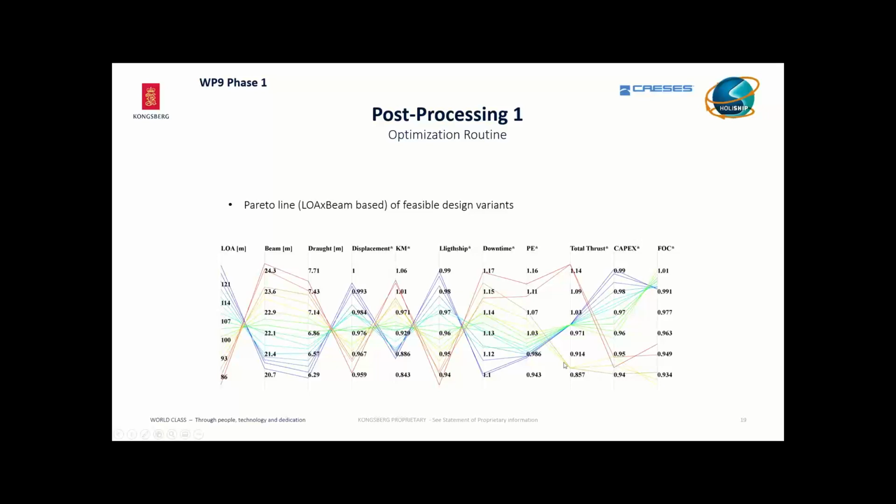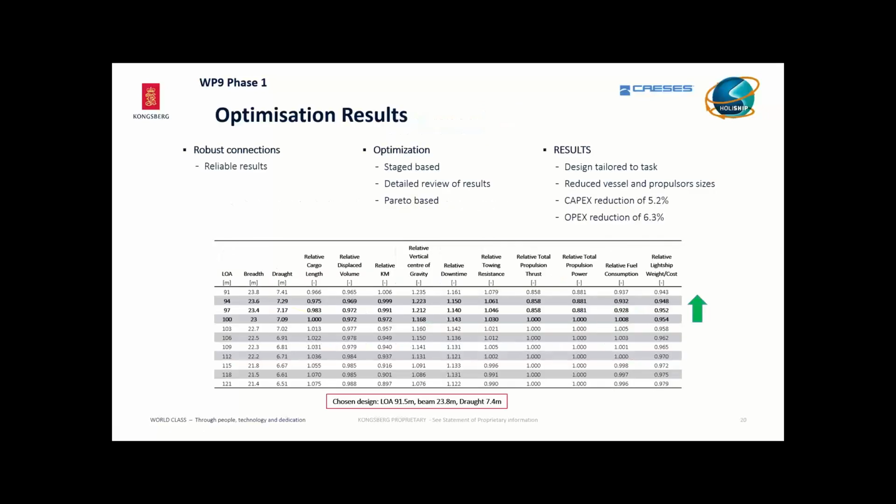So these colored lines here, we can follow them back to a region of length and beam that we are reaching lowest fuel consumption. And finally, we settle on a design that is somewhere in this Pareto line, close to it.